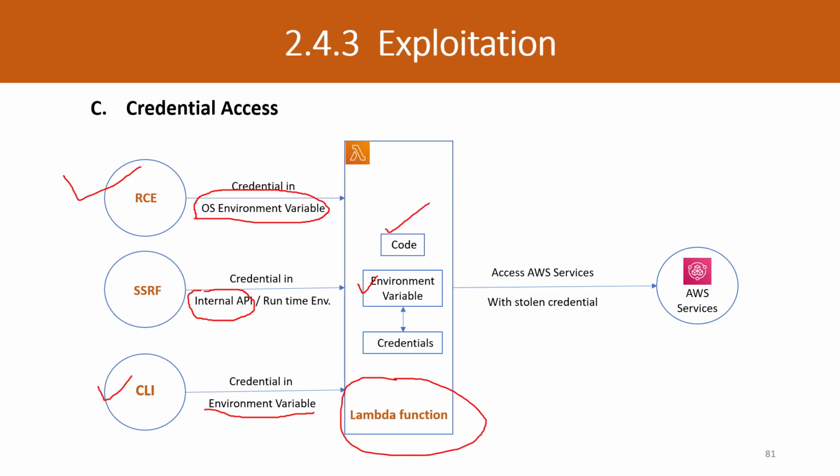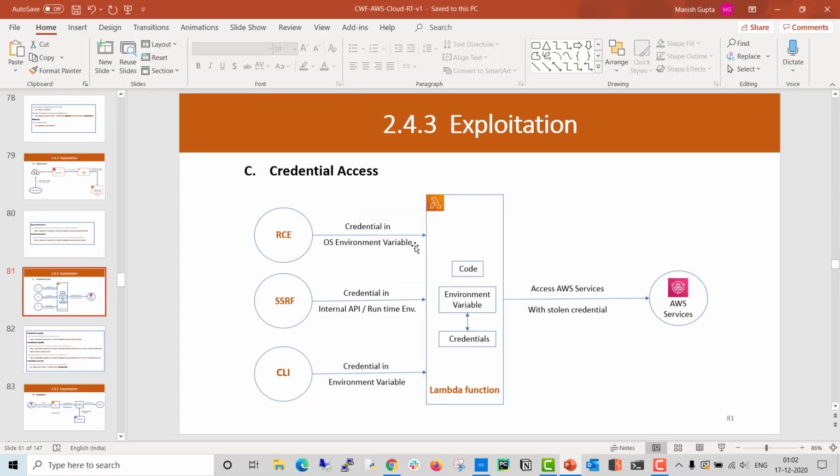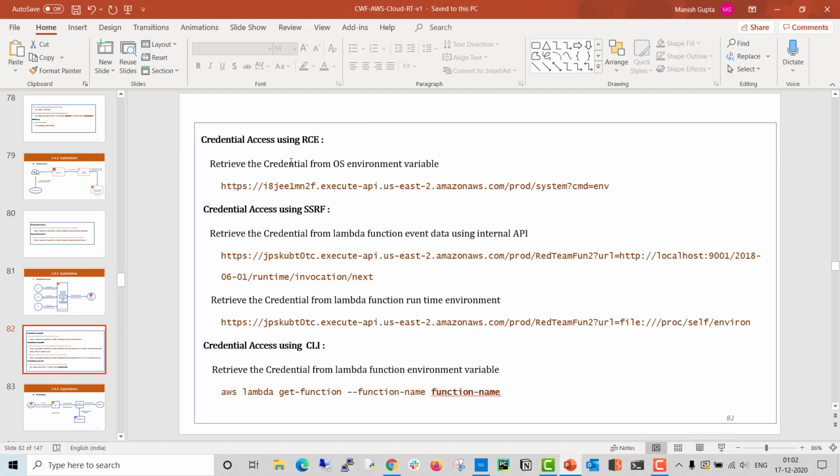So we'll see practically how we can exfiltrate the credentials in environment variables with the help of AWS Lambda functions. First, we are going to retrieve the credentials from the OS environment variable. We already discussed how we get the initial access. Same as that, we can exfiltrate the credentials belonging to this particular Lambda function using remote code execution from the operating system environment variable.